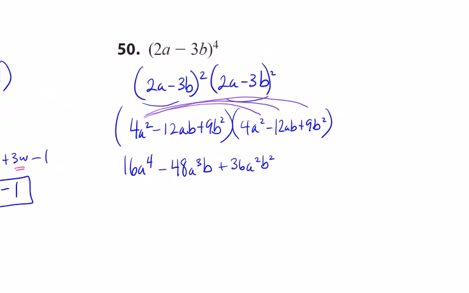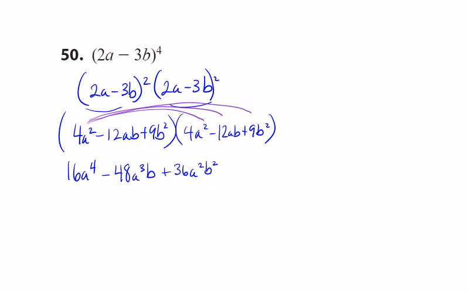All right, so that's just the first term. Now we have to do the second term, right? Negative 12ab times 4a squared is going to be negative 48a cubed b. Okay, and then we have negative 12ab times negative 12ab is going to be positive 144.